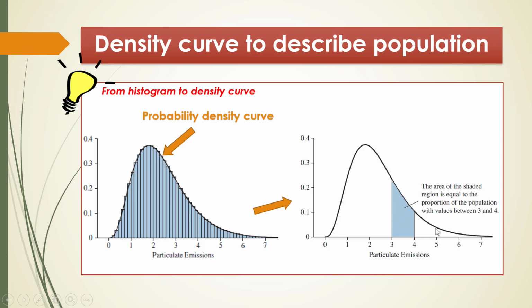Here, the shaded area is the area between 3 and 4, and this shaded area represents the proportion of the population with values between 3 and 4.